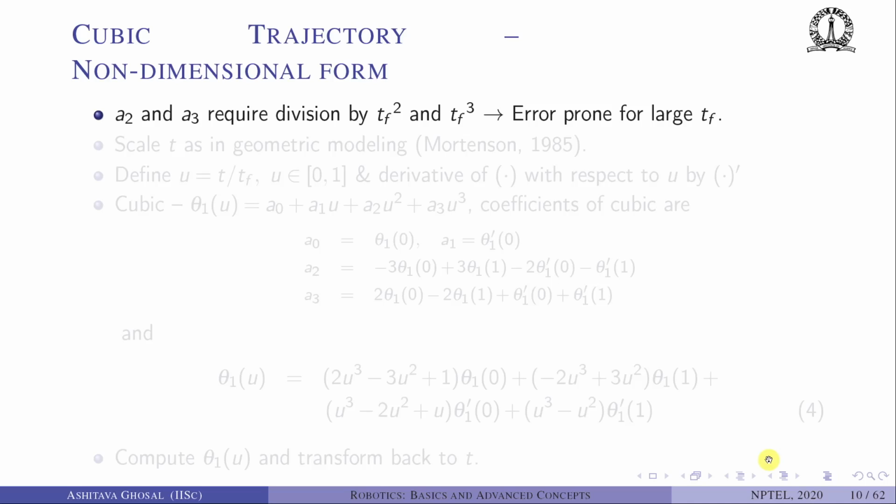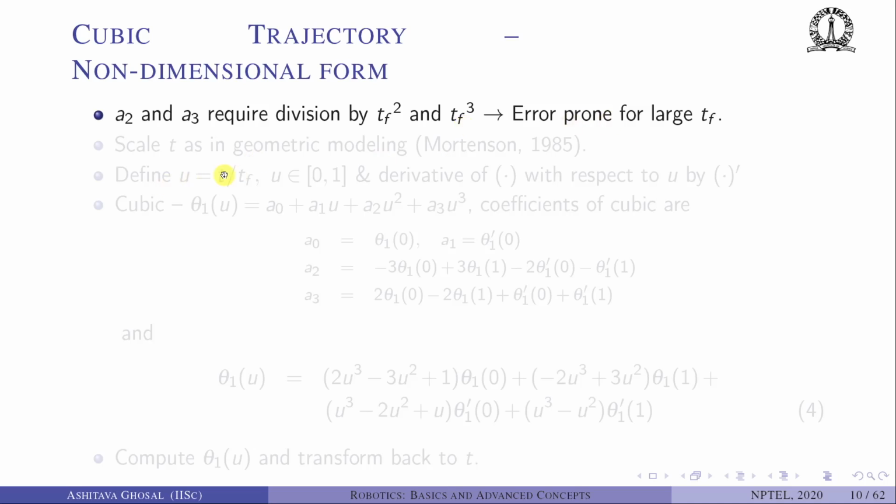Let's continue. You can see that a2 and a3 require division by tf square and tf cube. So for example, if tf is very large, let's say it is 5 minutes, and you are going to generate points at delta t of, let's say, 10 milliseconds or 20 milliseconds, then tf can become very large, and tf square and tf cube can also become very large.